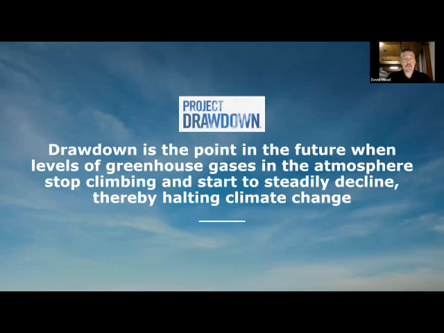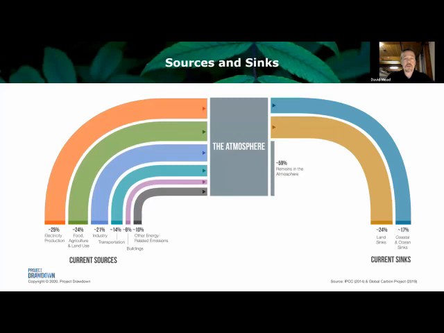So back to this idea of atmospheric pollution, right now we have sources coming from electricity production, food and agriculture, industry, transportation, buildings, other energy-related emissions, right? And here you can see buildings is way smaller than that World Green Building Council number.